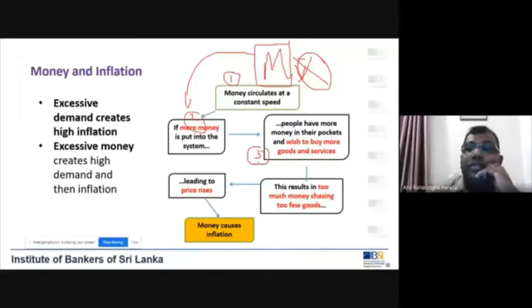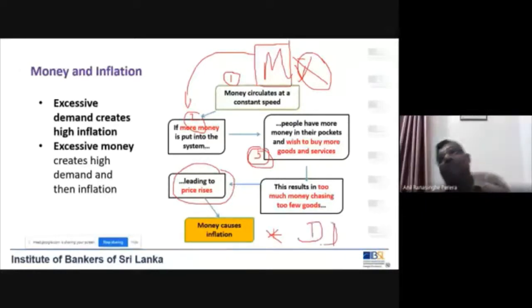So this results in too much money chasing too few goods. You have only 5 goods, and this excess money is chasing these few goods, so that will lead to an increase in prices. So what is our conclusion? Money causes inflation, and this is basically demand driven inflation, as I have already mentioned. So money is the root cause of inflation.